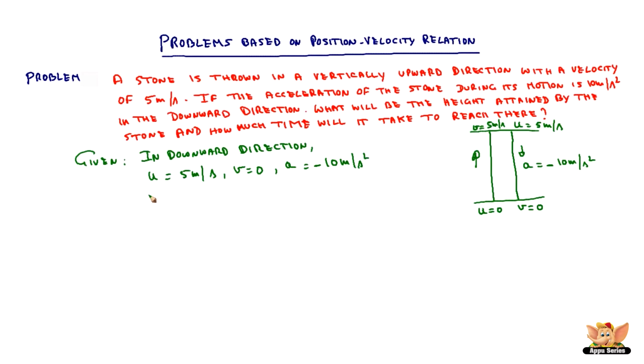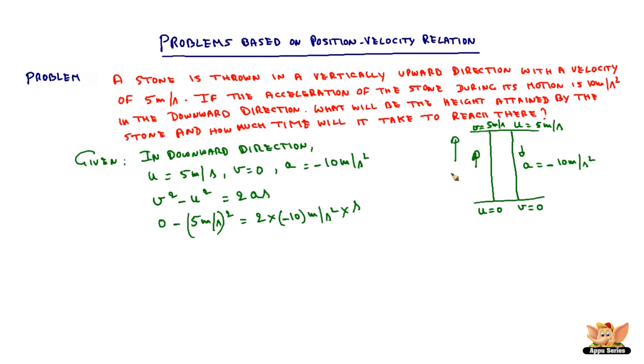From position velocity relation, we know v square minus u square is equal to 2as. So here v square is 0 and u square is 5 meters per second whole square, which is 2 into minus 10 meters per second square into distance, which we do not know, which is s.